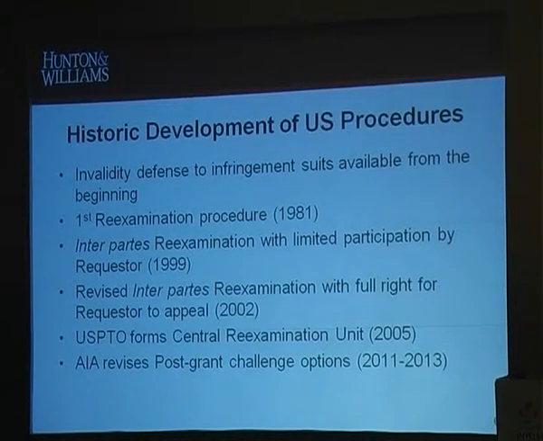Inter partes reexamination was an attempt to increase the alternatives a little bit, and that in part is a reaction to the fact that ex parte reexam took off fairly slowly as a procedure. In 1999, inter partes reexam became part of U.S. law. That was revised in 2002, with the thought that it would make it more attractive as a venue for challenge.